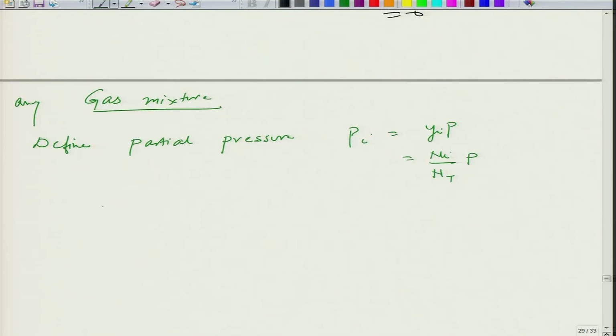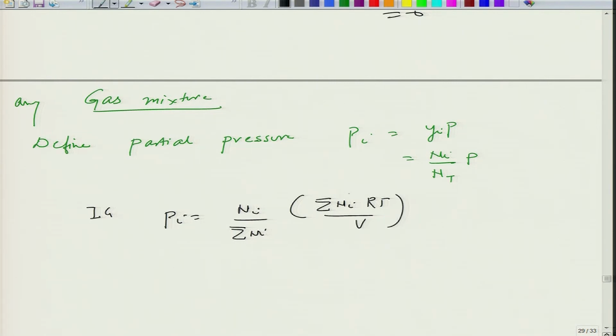If it is an ideal gas, Pi is Ni by summation Ni, and here P can be written as summation Ni RT by V. So, this gets cancelled.